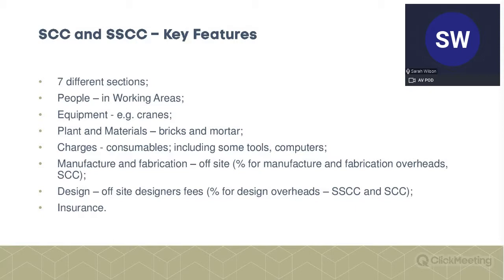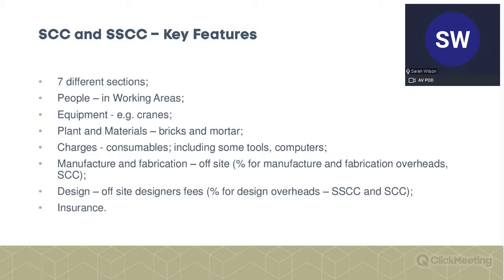So the sections are set out there. So it's each of those bullet points after the first one. The first one is people, second one equipment, third plant and materials, fourth charges, fifth manufacture and fabrication. That's off-site. Next one is design, and the final one is insurance.